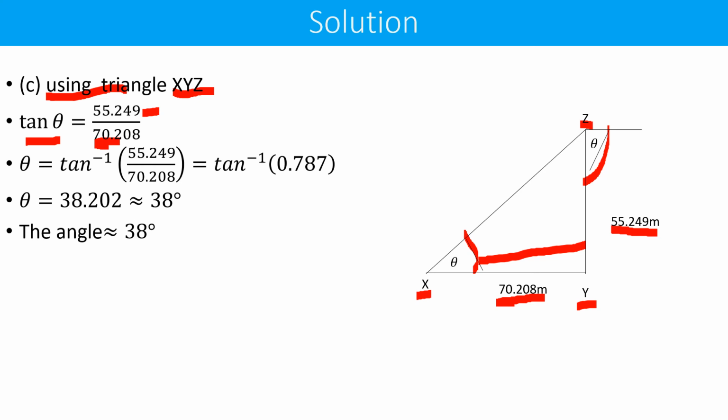So theta is tan inverse of 55.249 over 70.208. So tan inverse of 0.789 will give us theta to be 38.208, which is approximately 38 degrees. So the angle of depression is 38 degrees.